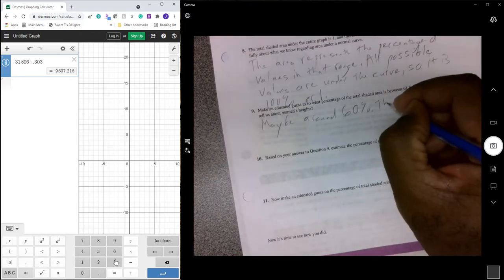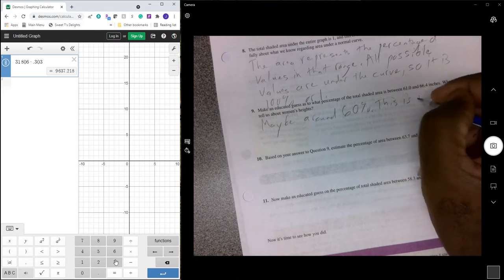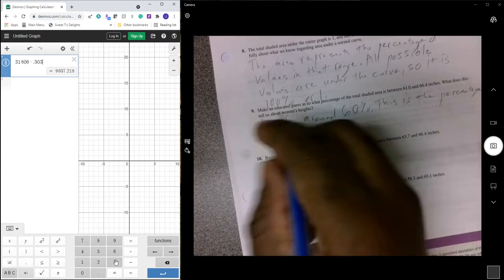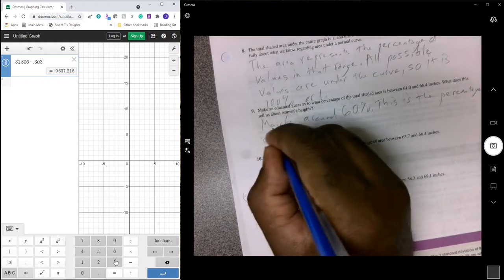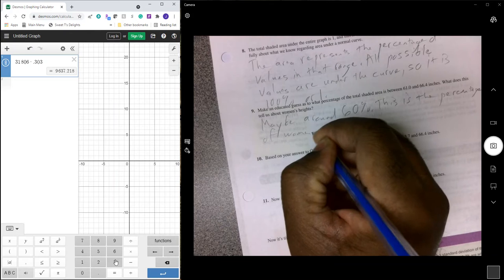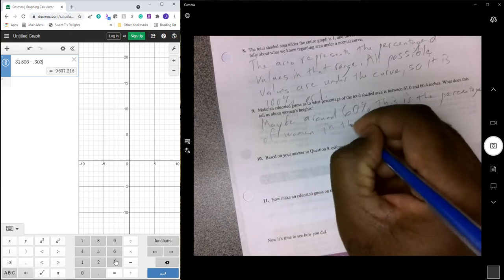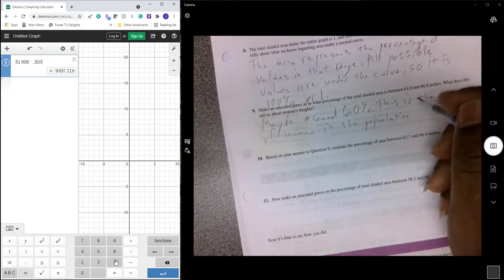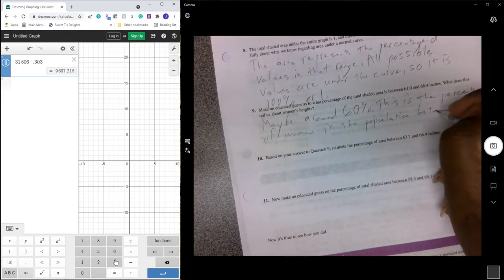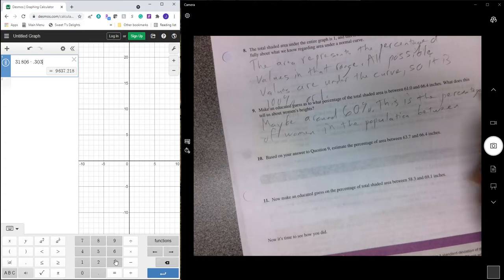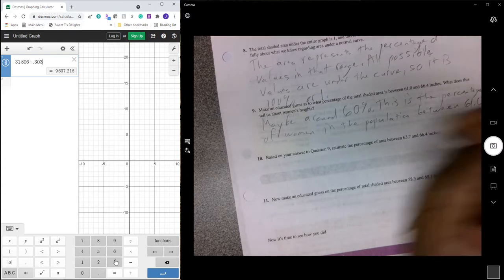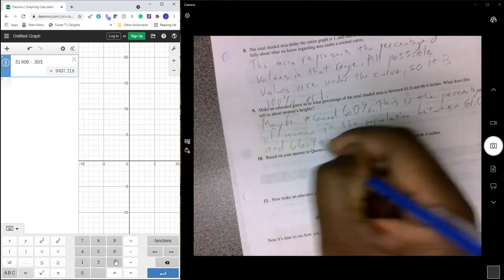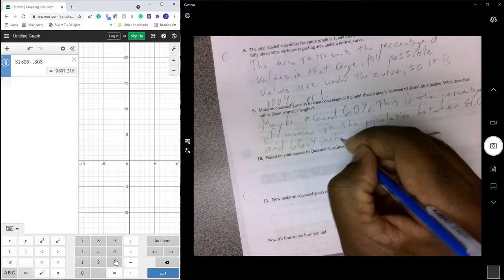And this is the percentage of women in the population between 61.0 and 66.4 inches tall.